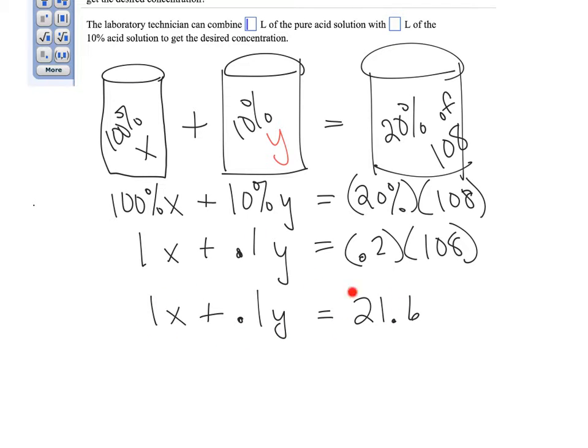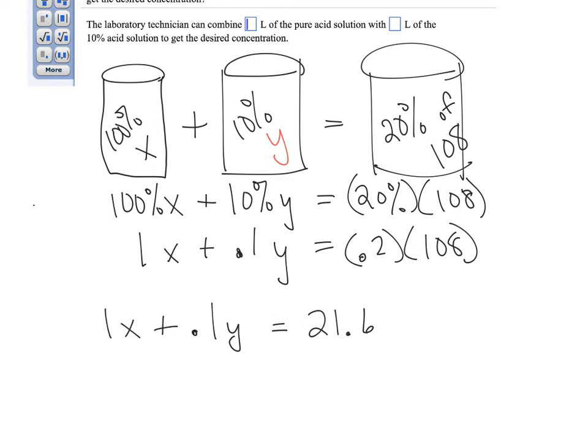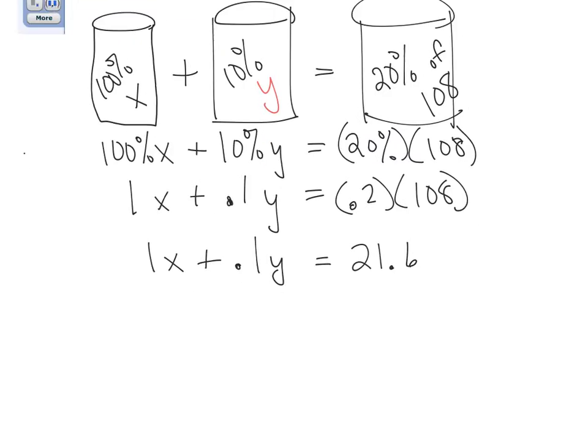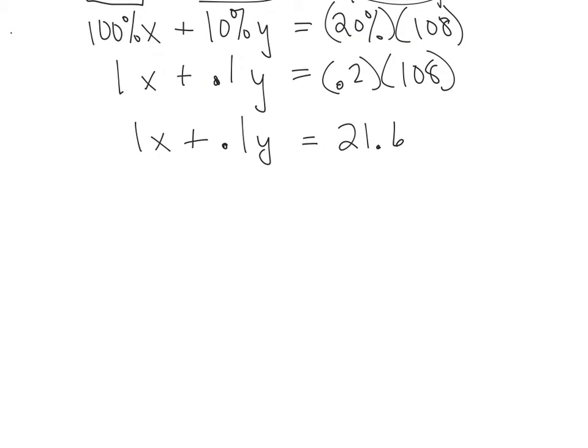All right, we kind of did a lot of thinking, and that's really just the first equation. The second equation is, and let's move this. The first equation right here, I'm going to rewrite that right here: 1x plus 0.1y equals 21.6.